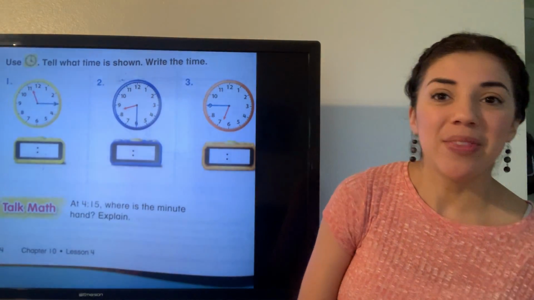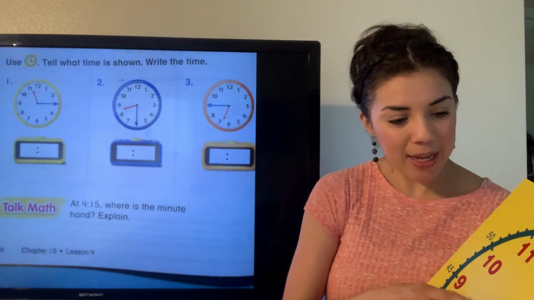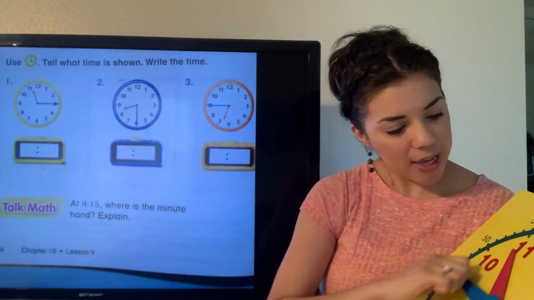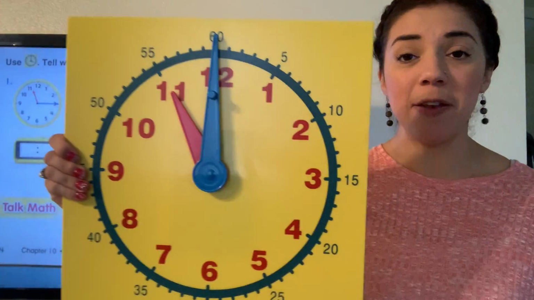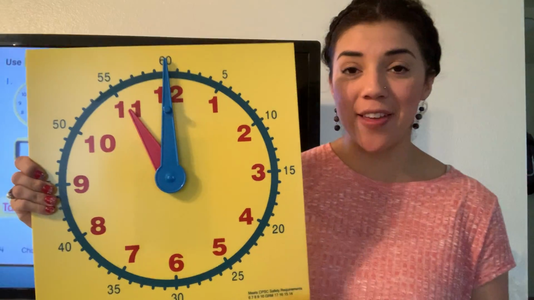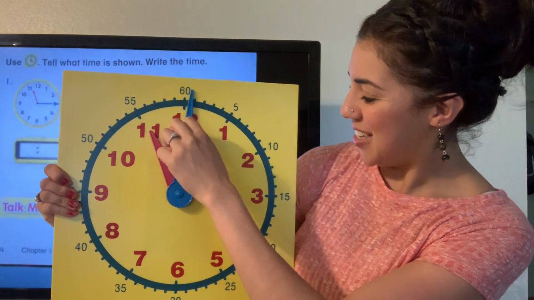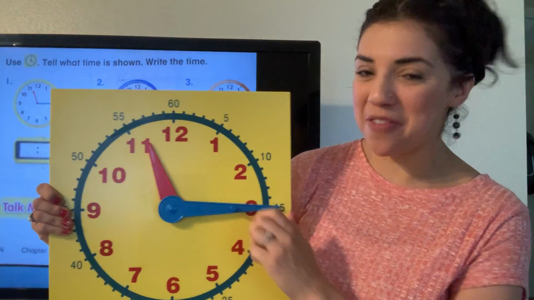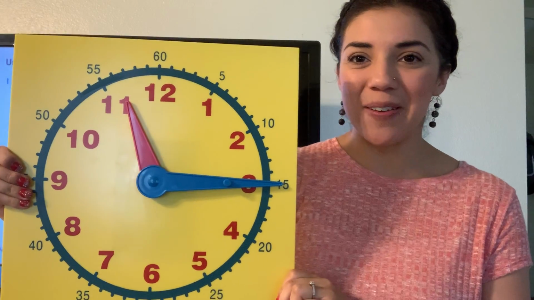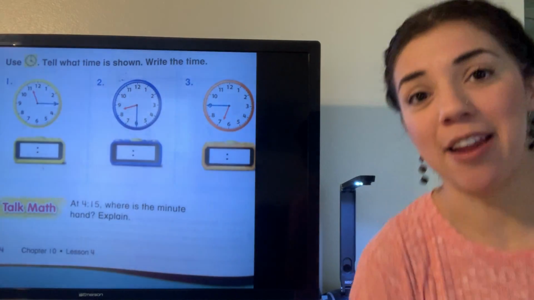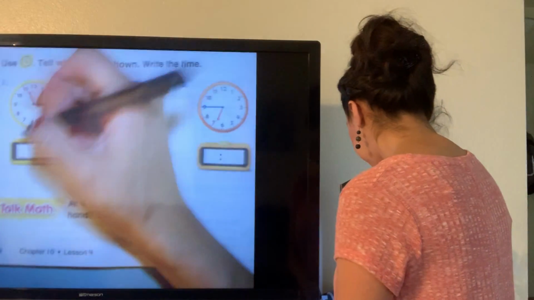So there's 11, and if it's 1/4 past 11, we know that 1/4 is 15 minutes. So I'm going to move it to my 15-minute mark, and so it is 11:15. That's what we're going to write for the analog clock: 11:15.